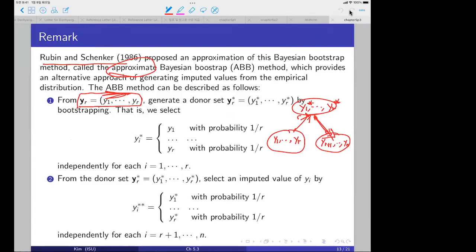Actually, my second paper is to view this R as a tuning parameter. You don't have to choose this R. You can actually choose K. You can do bootstrap K, and then from K to R, to the bootstrap.